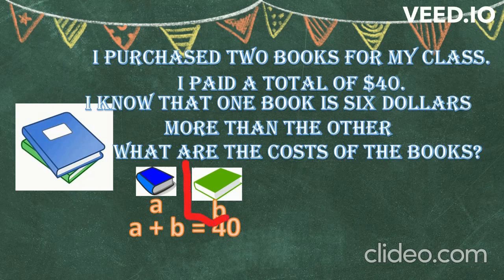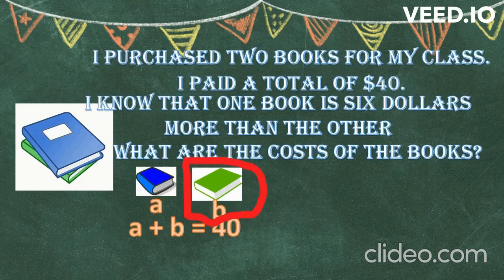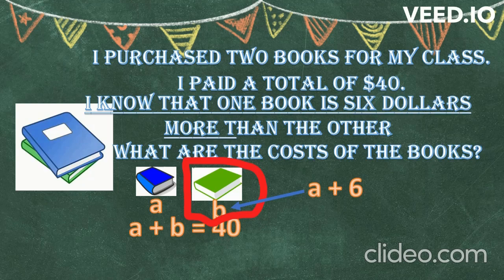So let's say this book is a costlier one. It is $6 more than the first book. So what should B be? It is A plus 6. $6 more, right? B should be A plus 6, because one book is $6 more than the other. This makes B A plus 6.